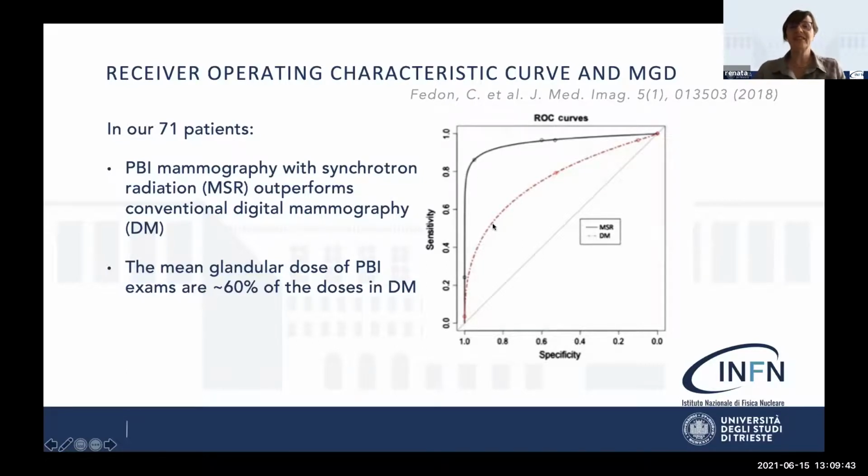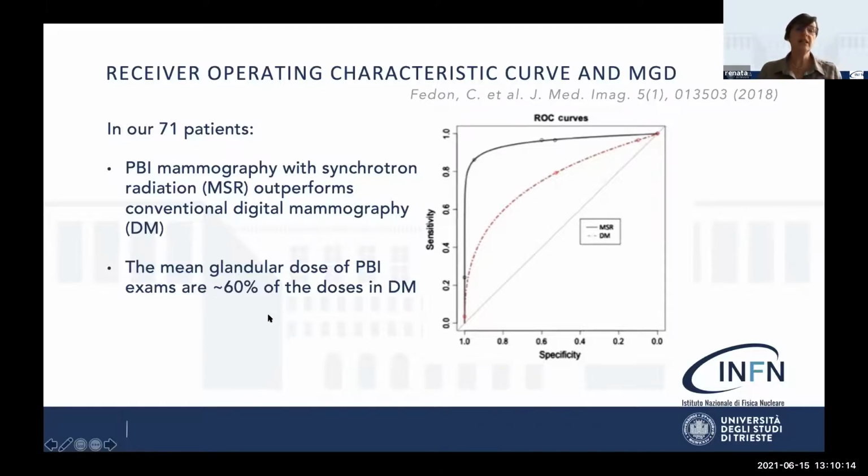Please keep in mind the inclusion criteria, because such a poor ROC curve for digital mammography is due to the inclusion criteria. Generally speaking, if we calculate a ROC curve for screening, the ROC curve of digital mammography is much, much better than this one. This is the ROC curve of our specific sample.